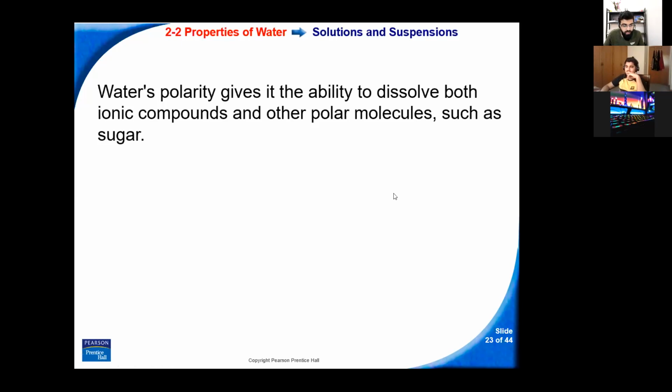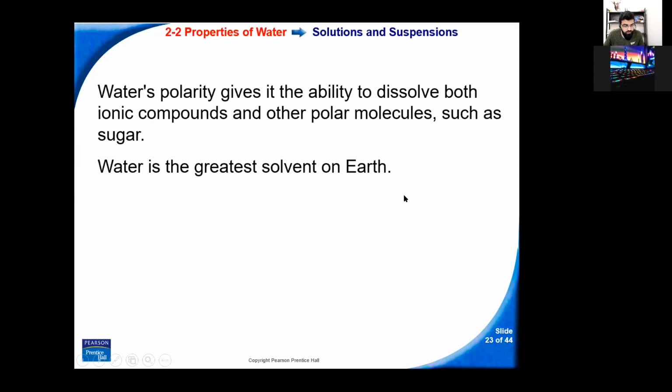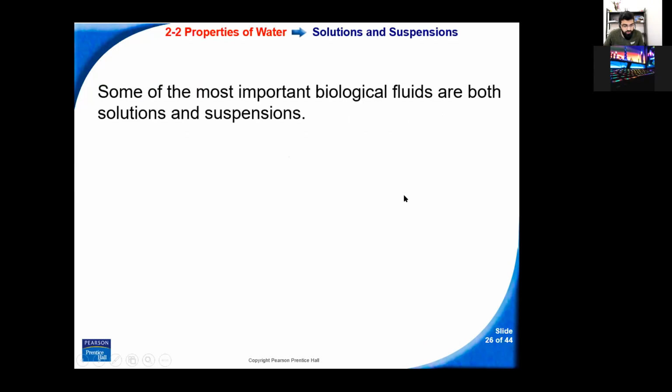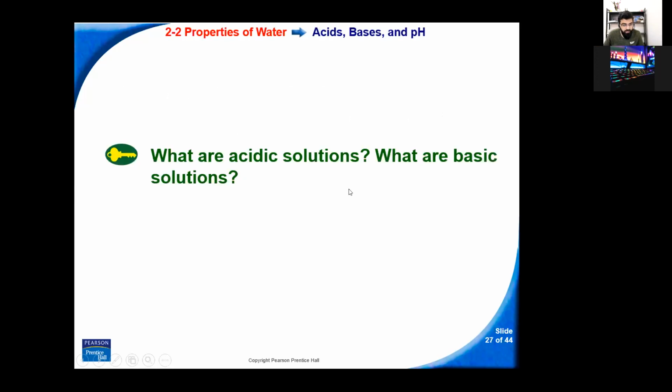I want to stand on an important question: what are the acidic solutions and what are the basic solutions? Of course, you know this word acid or basic, or alkaline, sometimes we call it, right? The basics and the acids.